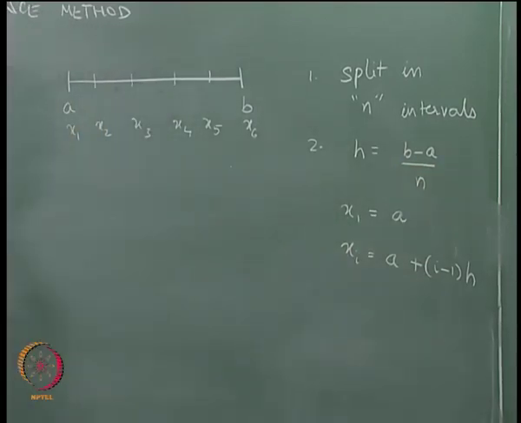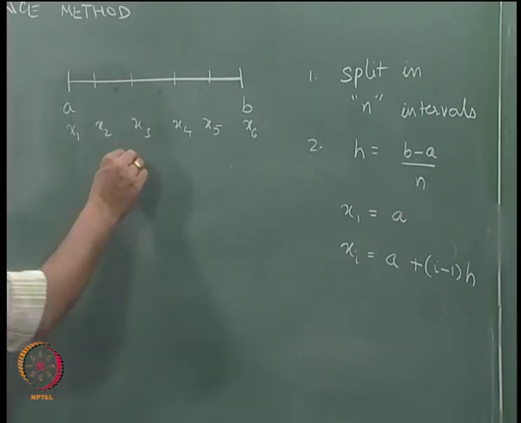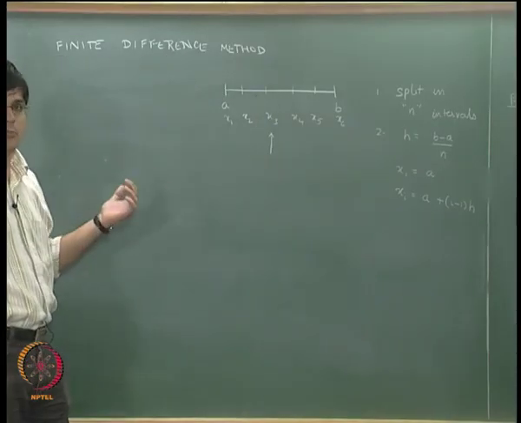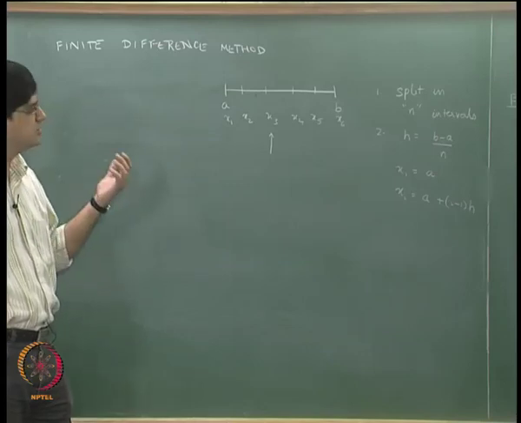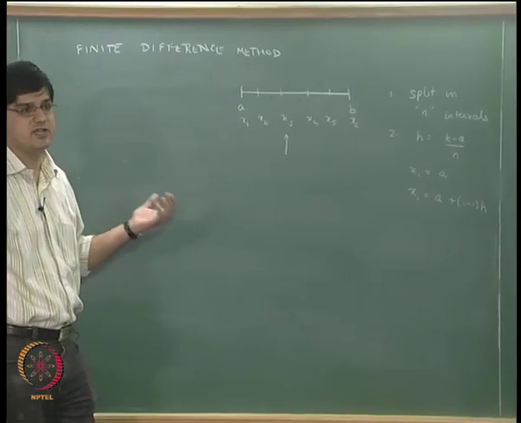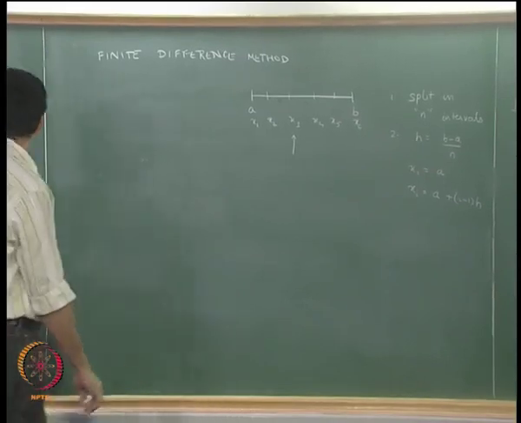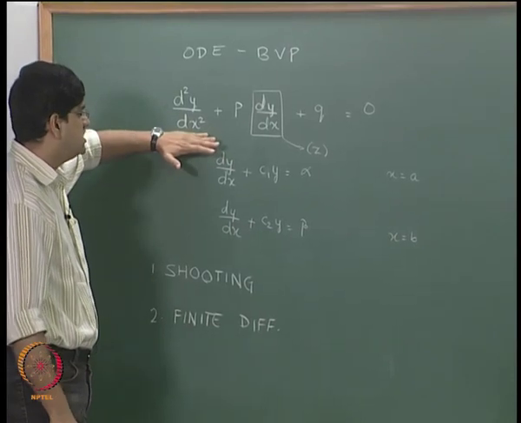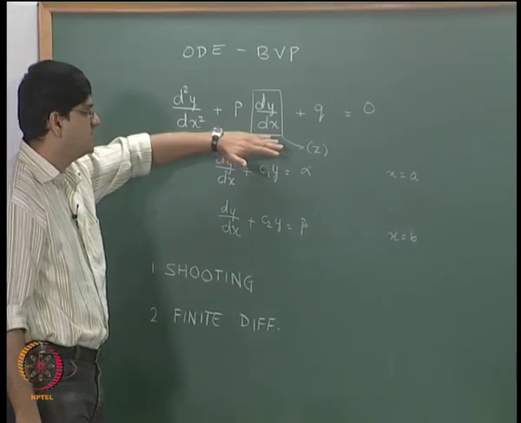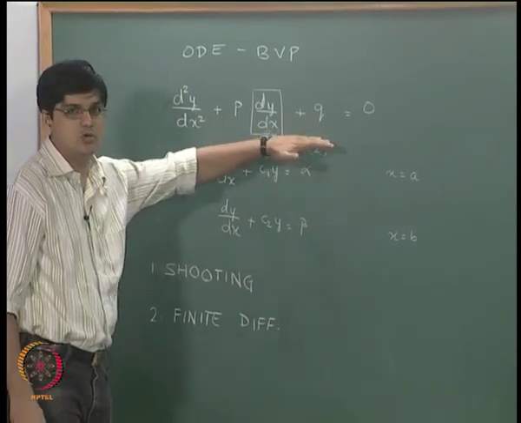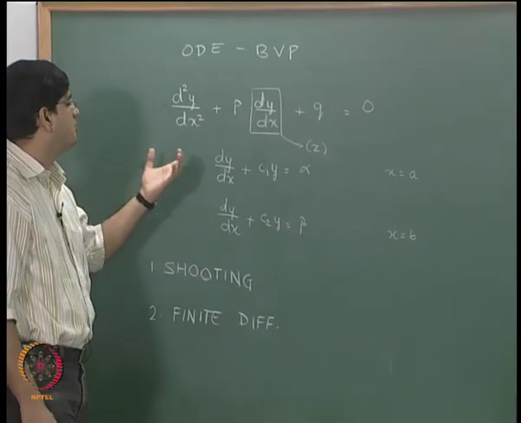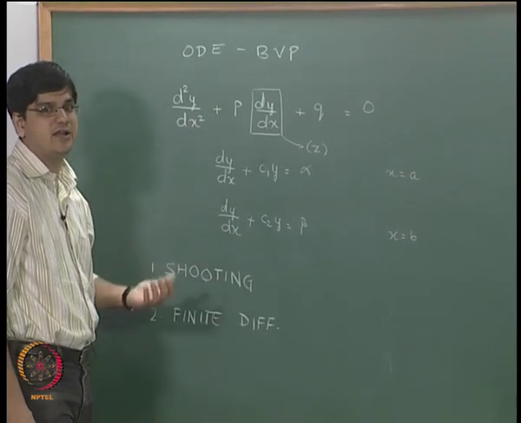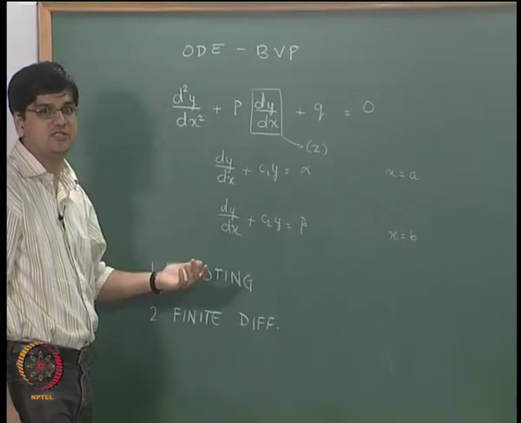Now, what we are going to do is at any location we are going to write our model equation using the numerical derivatives expansion. So, our model equation, if we go back over here, was d square y by dx square plus p dy by dx plus q. If we recall from our module 6, d square y by dx square we can write using a finite difference approximation.